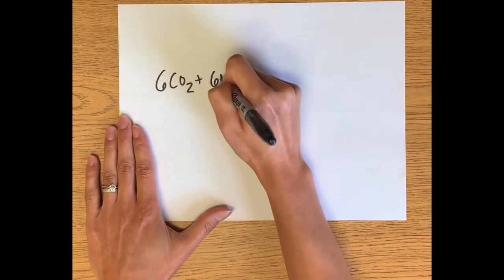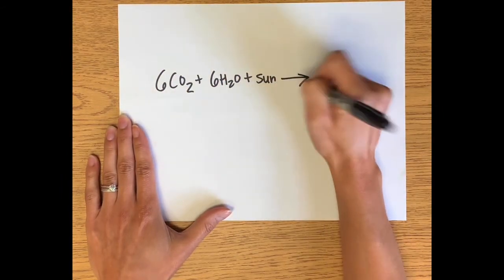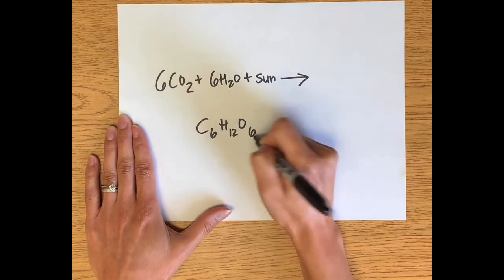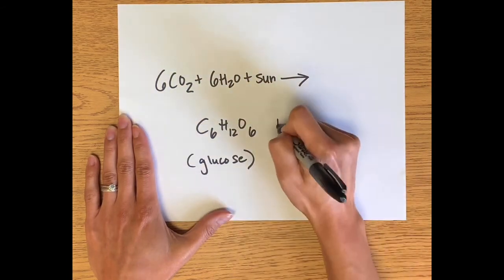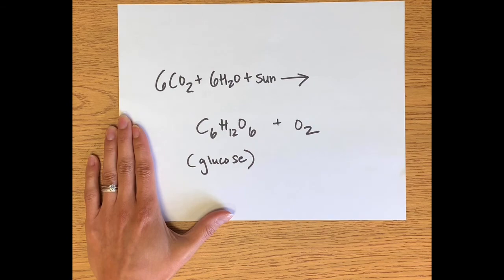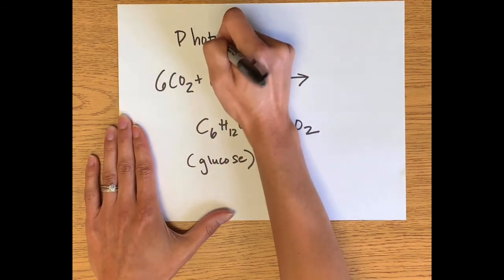So this is why the equation for photosynthesis involves 6 CO2 plus 6 H2O plus sun to produce C6H12O6, or glucose, and oxygen.